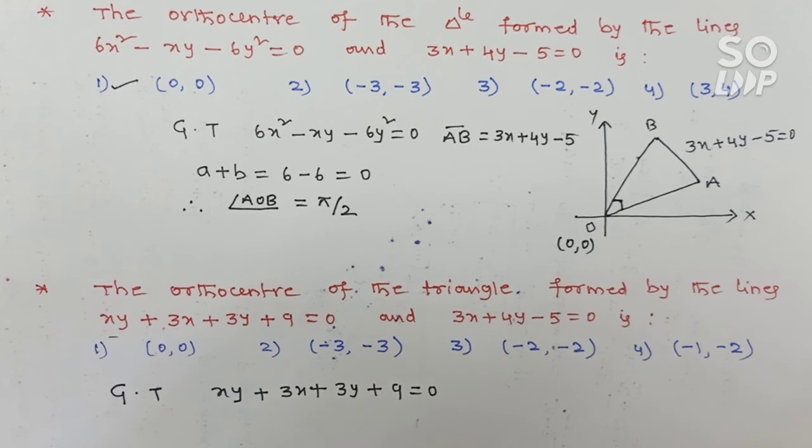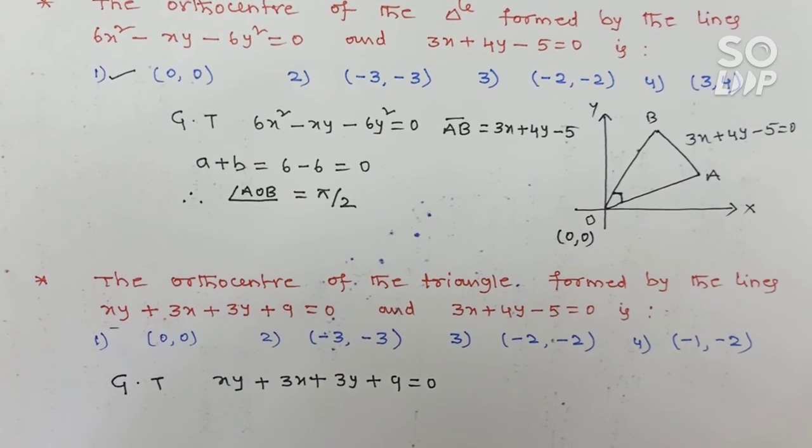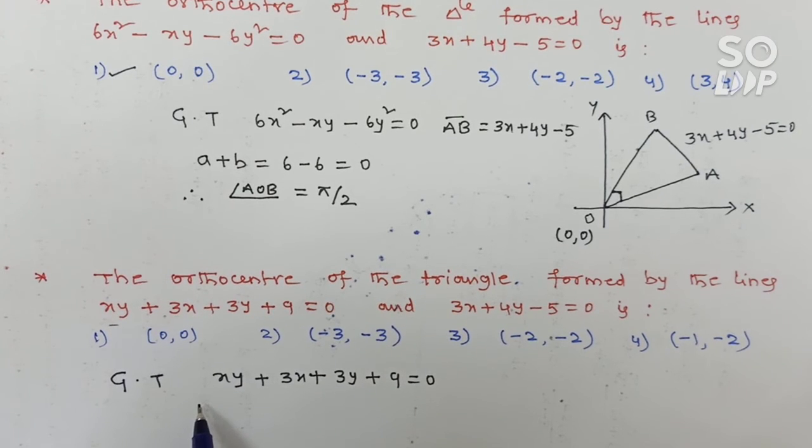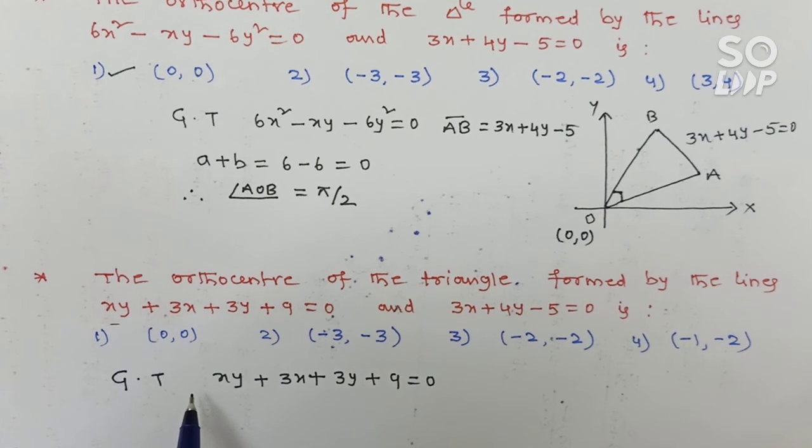Right? So you know the standard form of the non-homogeneous equation: Ax square plus 2hxy plus by square plus 2gx plus 2fy plus c. Now in this equation there is no x square and y square term. That means you can write 0 into x square plus 0 into y square.